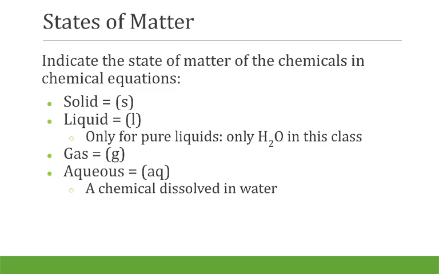So S is for solid, L for liquid. This is only for pure liquids, so we're going to only see that for H2O in this class for water. G for gas, and then aqueous, a chemical that's dissolved in water. If we see the word aqueous or we see solution, then that is the state for that chemical that's been dissolved in water.